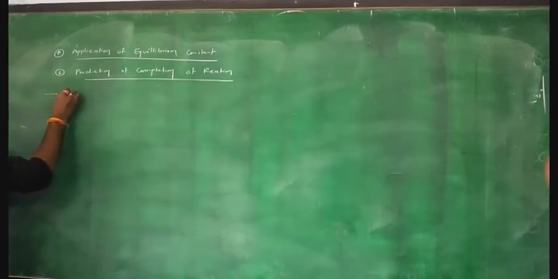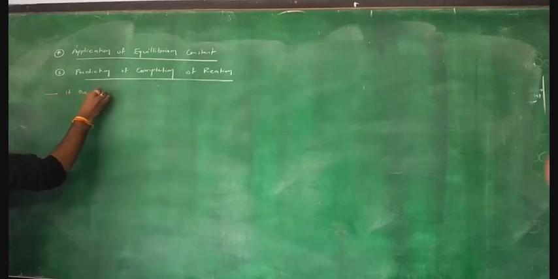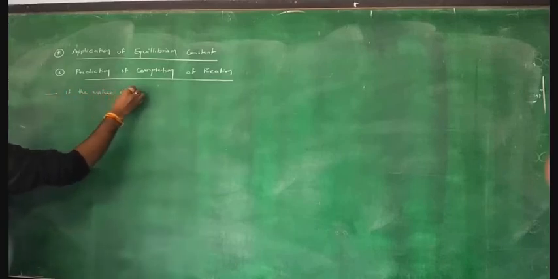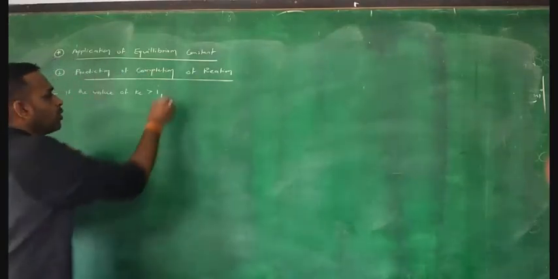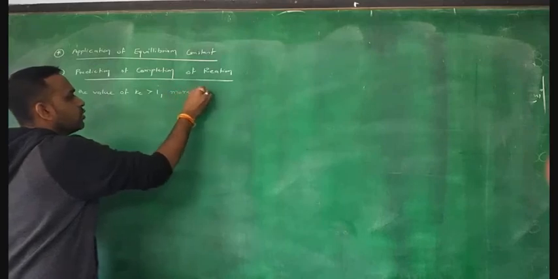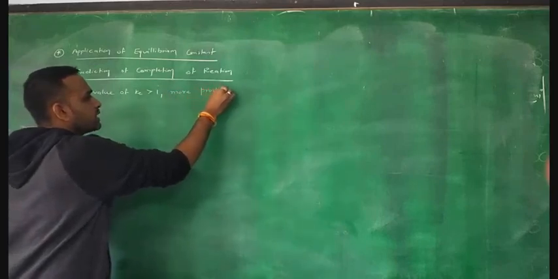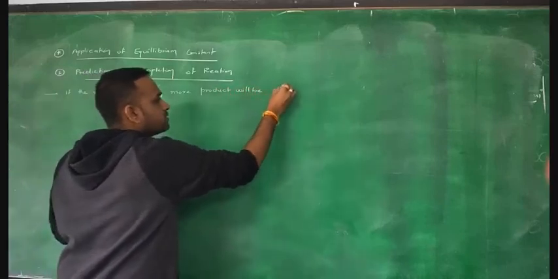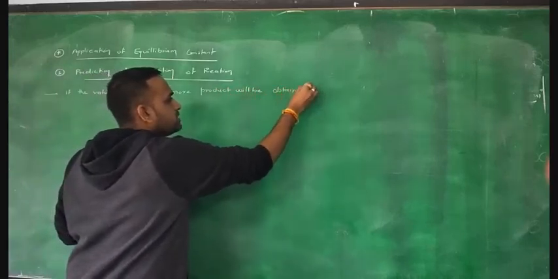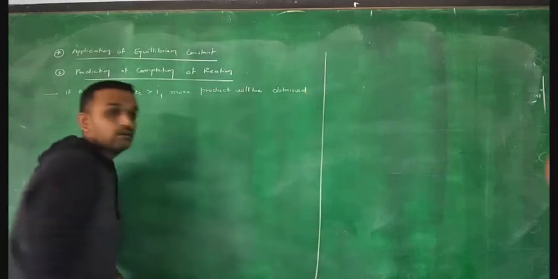If the value of Kc is greater than 1, अगर Kc की वैल्यू 1 से ज्यादा है तो प्रोडक्ट विल बी ऑब्टेन्ड, more product will be obtained, right?